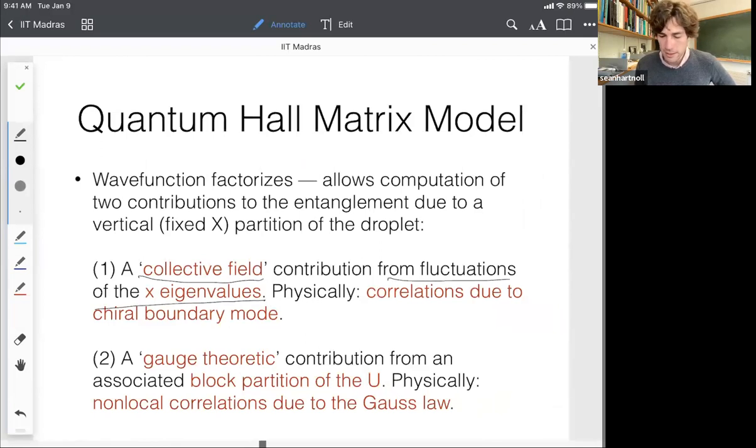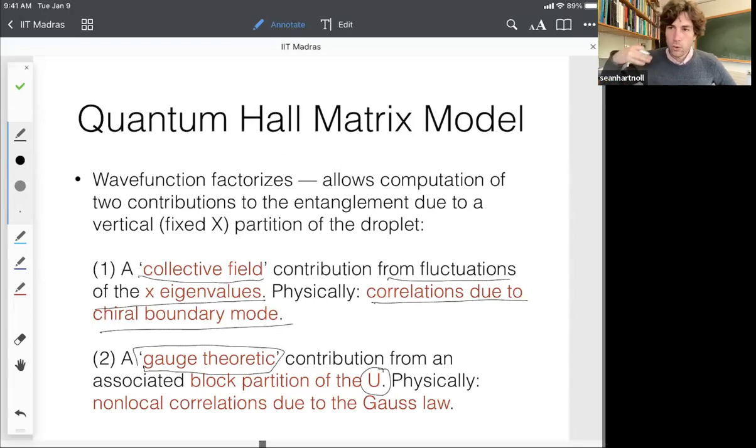And physically, we're going to see this corresponds to correlations due to a chiral boundary mode that's going around this droplet. But what's new from having two matrices is that there's a gauge theoretic contribution that comes from the fact that these U's, the gauge transformations, also get partitioned. So we have this matrix, as we imagine block partitioning the matrix, then the unitaries also get block partitioned.